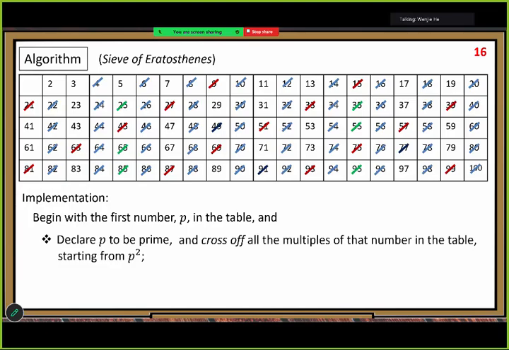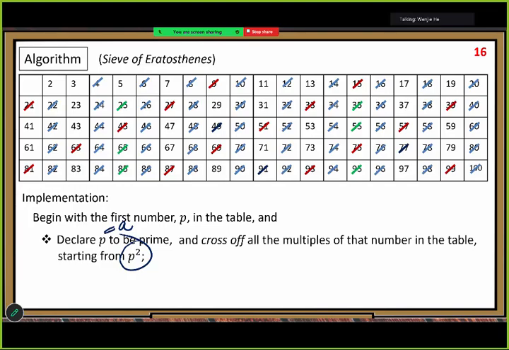Starting with P squared. Why P squared? You may ask me, why P squared? Let me explain. Why is the smallest composite number to start with P squared? Because when you start with P, that means this P is your A, right? Your A equals that P. Then why P squared?